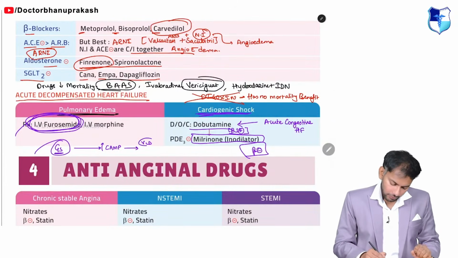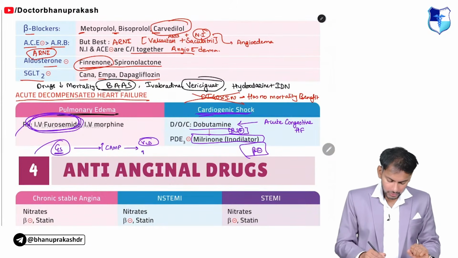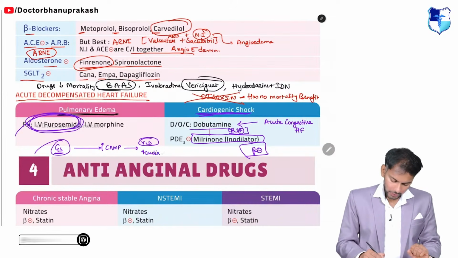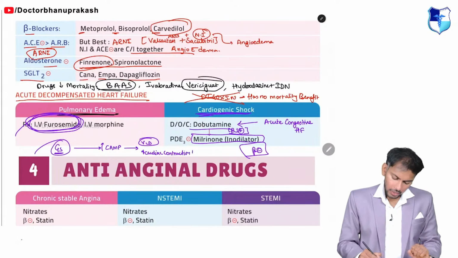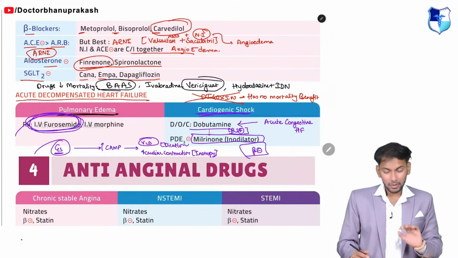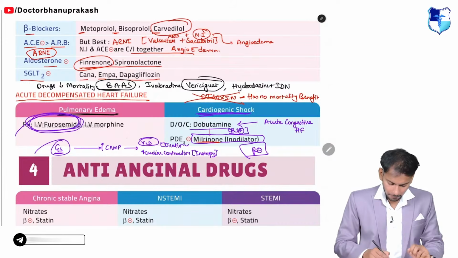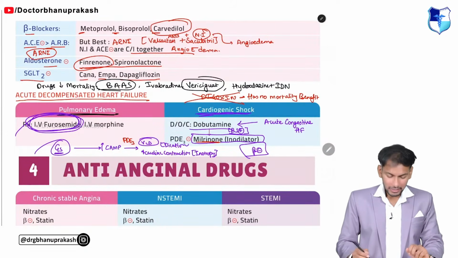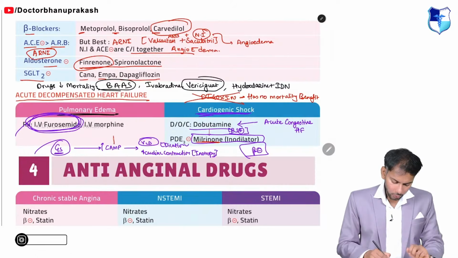So it is causing vasodilation and it will also increase the cardiac contraction. So basically, this is inotropy, this is dilation. Now, milrinone is a PDE3 blocker. What will PDE3 do?